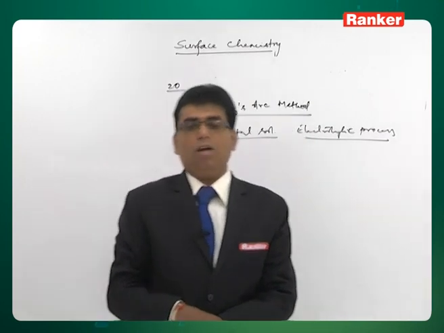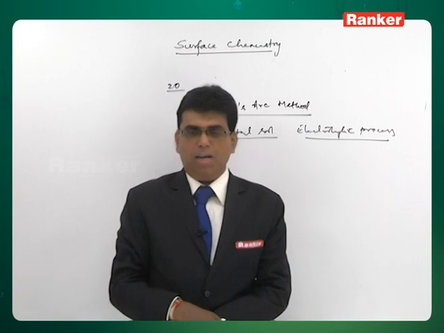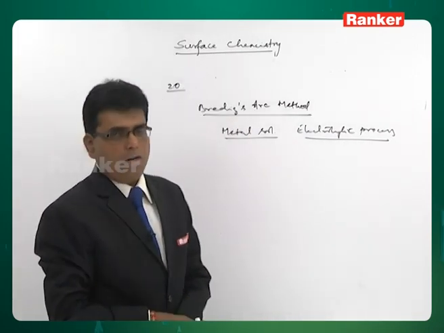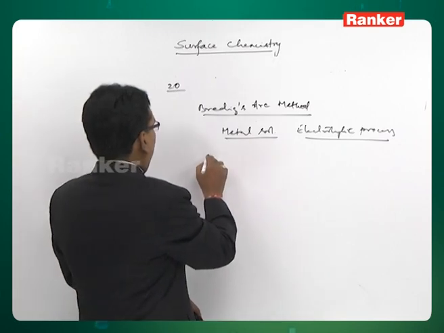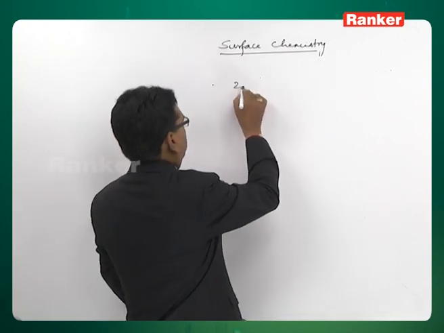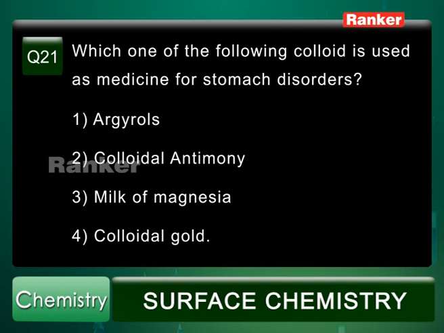Least volatile metals like platinum, silver, gold are only prepared in this method. So, the one not prepared is iron, that is option 3, the correct answer for question number 20. Now, let us go to question number 21. Which of the following colloid is used as a medicine for stomach disorders? Argyrol, colloidal antimony, milk of magnesia, colloidal gold.